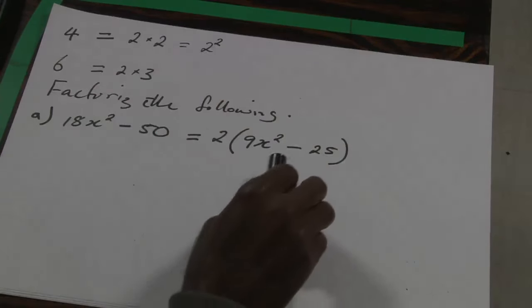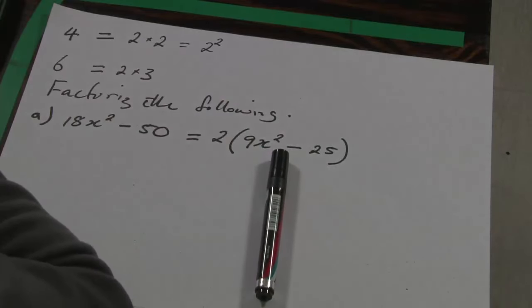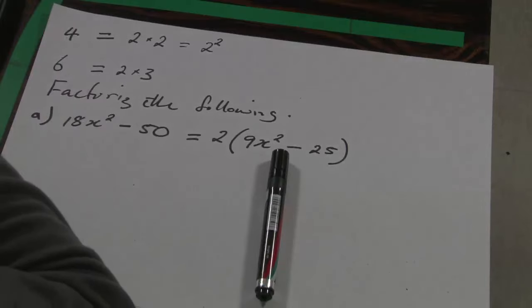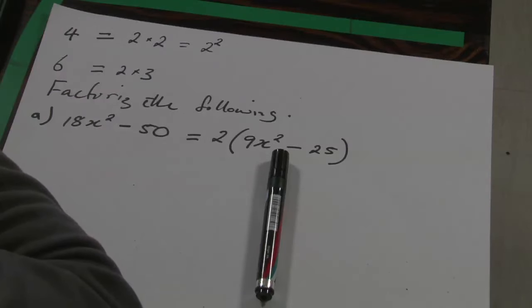And then the second question that we need to ask ourselves is what we have between the brackets, is it the simplest we can get? 9x squared minus 25. But we realize that, remember in the previous slide we talked about the difference of squares. You have a square minus another square. That's a difference of squares.